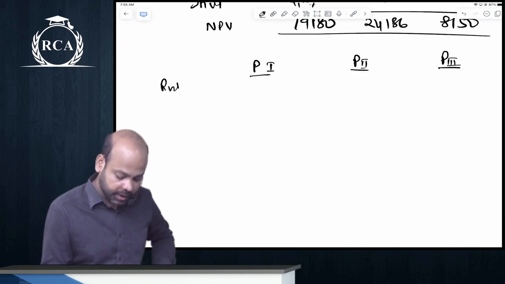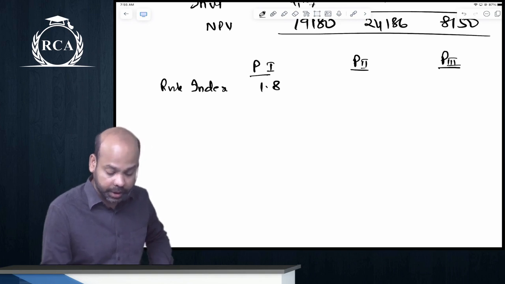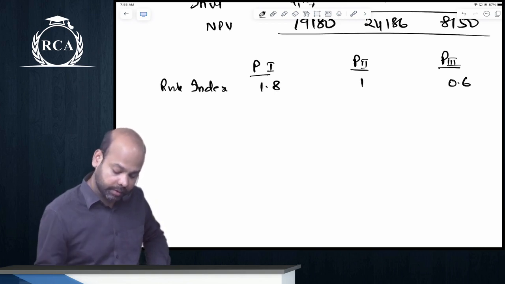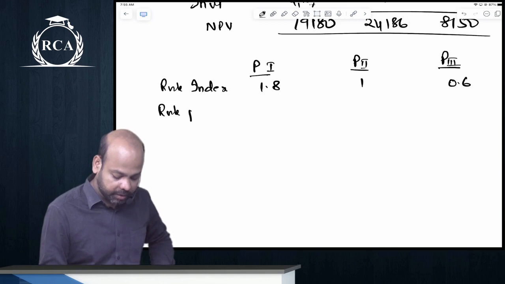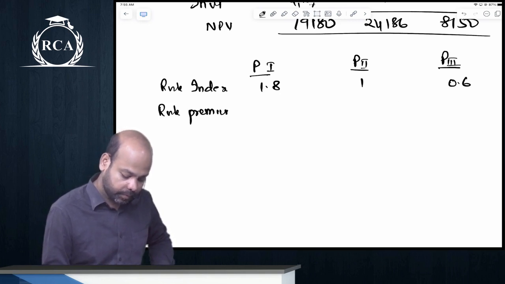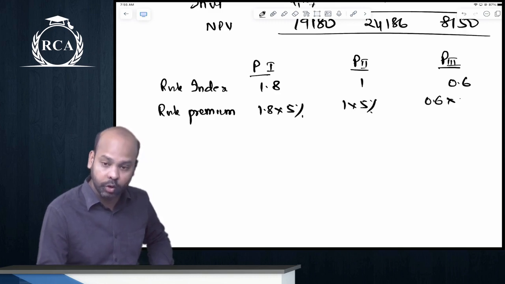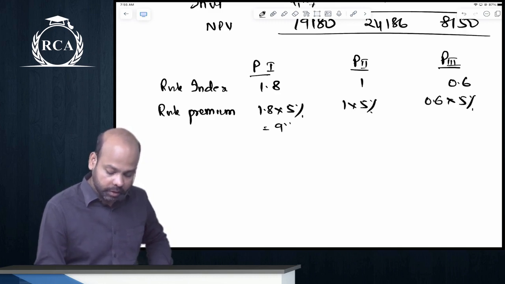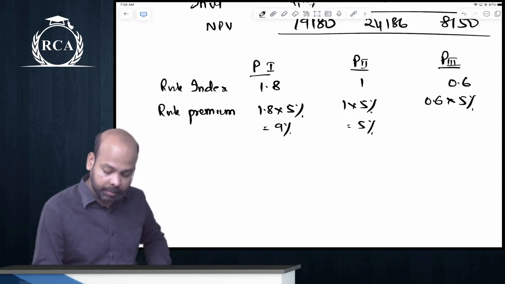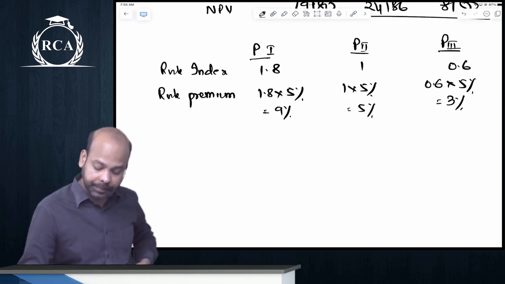Now, guys, write below it: P1, P2, P3. Risk index is 1.8, 1 and 0.6. So what should be the risk premium? Here you will write 1.8 into 5%, 1 into 5%, 0.6 into 5%. So that would be 9%, 5% and 3%.